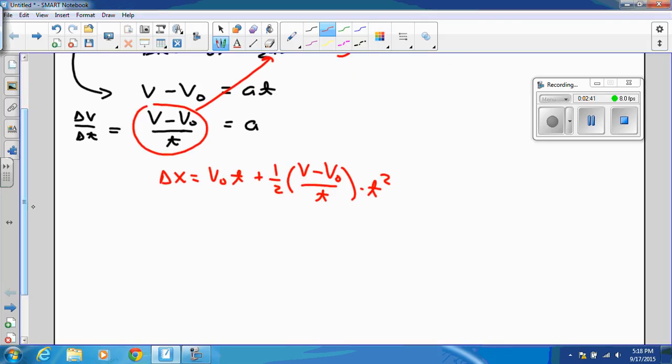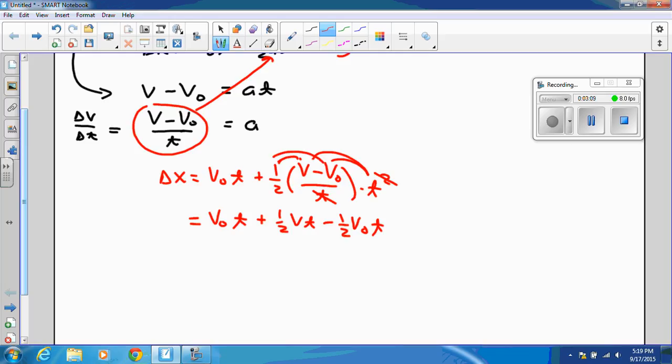Often when you substitute, things look really yucky, and then they start simplifying. And that's certainly the case here, because one factor of t cancels, and now I can distribute, let me distribute my t like so, so that I get 1/2 of vt minus 1/2 of v0t.